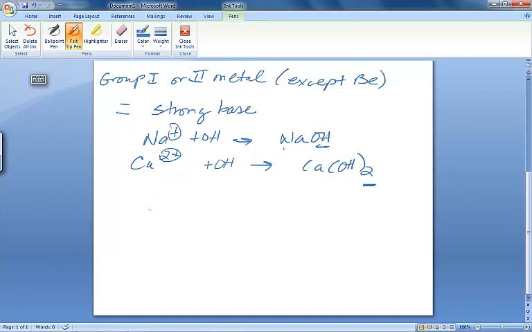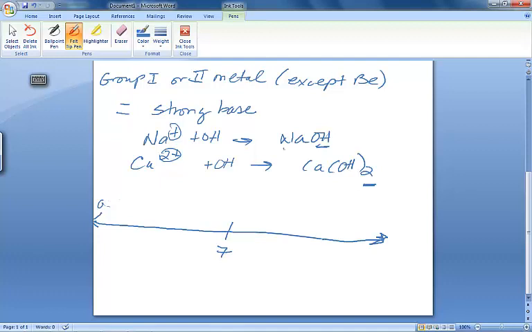Okay, so let's move on to looking at what we call the pH scale. So of course the pH scale is a way of determining how acidic or basic a particular solution is. And it basically is a number line. And what we're going to have is on this number line, somewhere in the middle will be 7, and that is the neutral point.